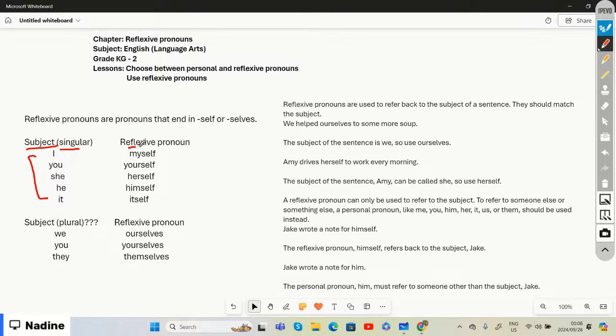The reflexive pronoun needs to refer back to I.